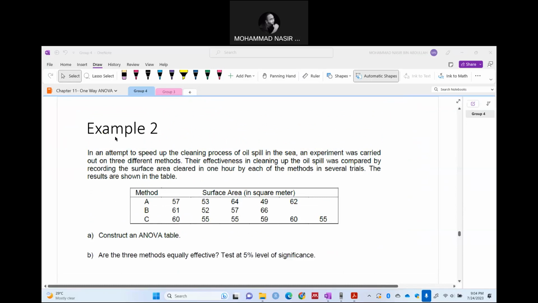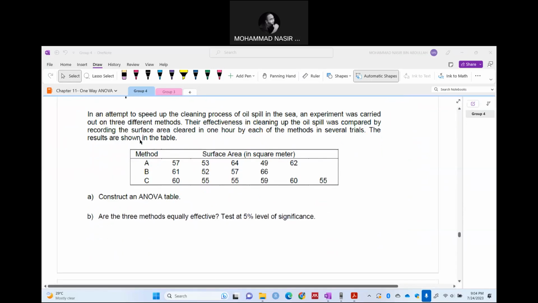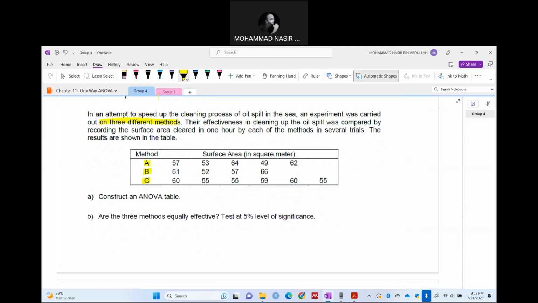So, we attempt to speed up the cleaning process of an oil spill in the sea. The experiment was carried out on 3 different methods: Method A, B, and C. The effectiveness in cleaning up the oil spill was compared by recording the surface area cleared in 1 hour by each method.